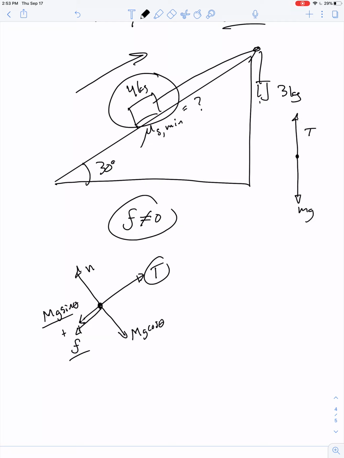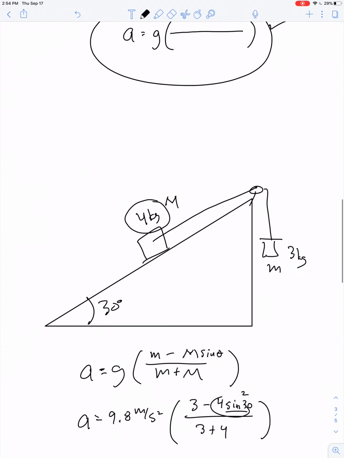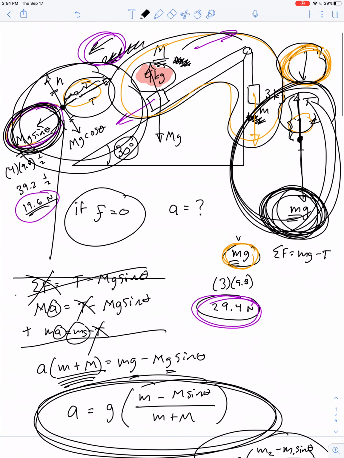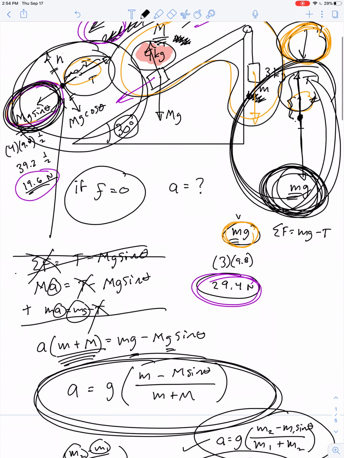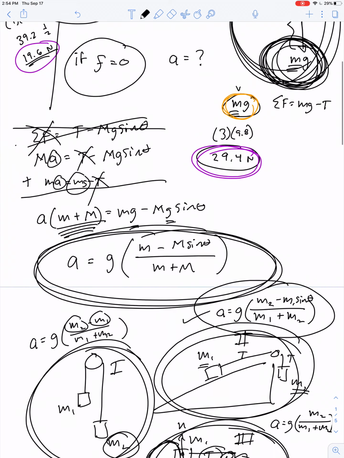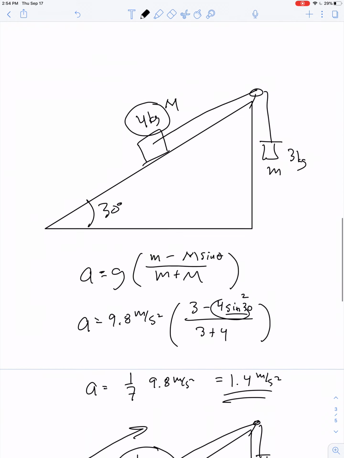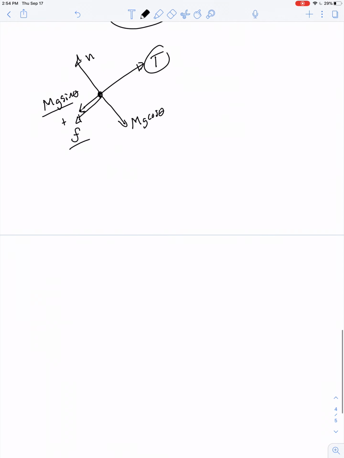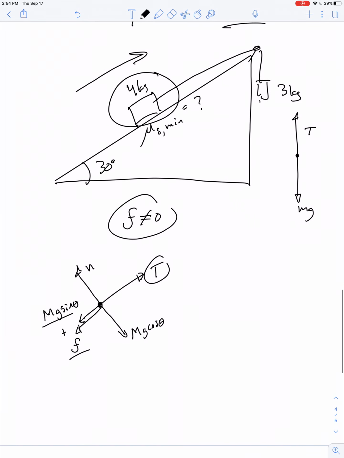Now wait a minute, how come this time I drew these forces equal? Prior, they were definitely out of balance. The weight of the block was greater in magnitude than the tension. But then again, this was the case when we knew it was accelerating in this direction. Here, the nature of the problem is what's required to keep the whole system at rest.